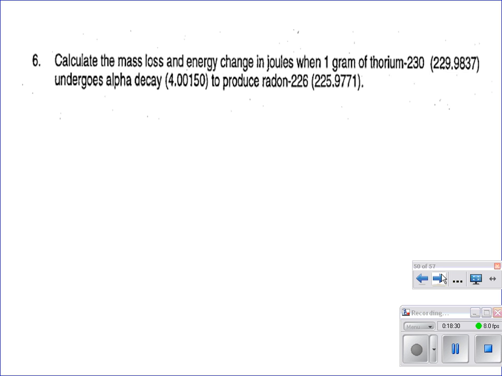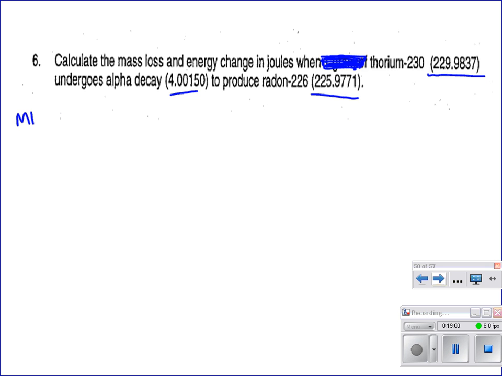Calculate the mass and energy change in joules. And I just want you to take off this 1 gram business when thorium undergoes alpha decay. It's making it way too convoluted. Now, the fact we need joules is going to indicate something. First thing, though, I want to do is figure out how much mass is missing. We start with thorium, which is 229.9837, and these are the 2 products we produce.